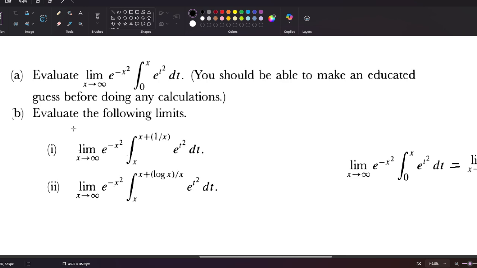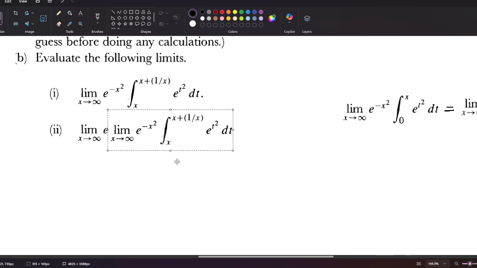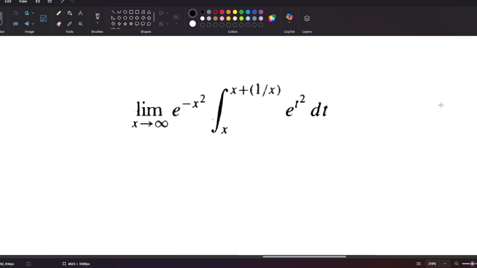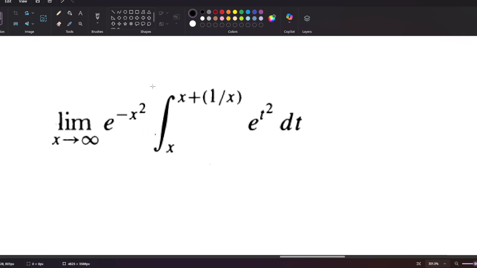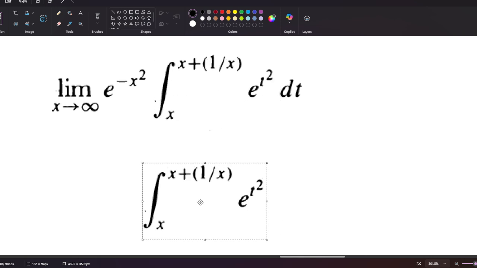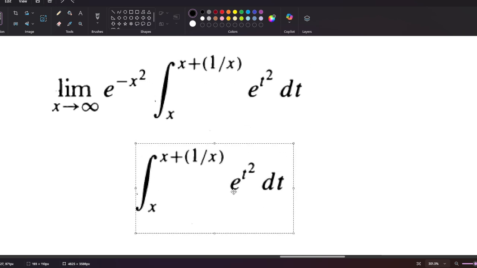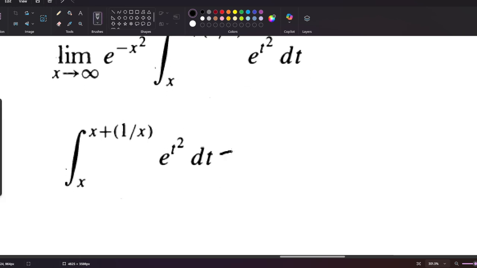Okay, let's continue. We have this limit. Now, let's first deal with this quirky definite integral. It's really annoying to deal with. So let's rewrite it.